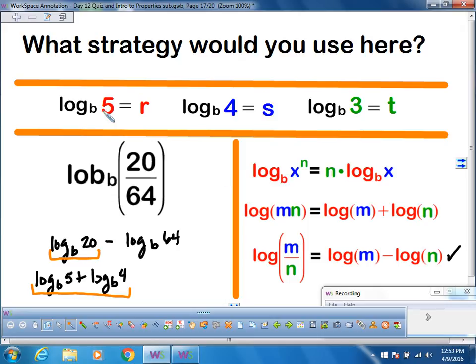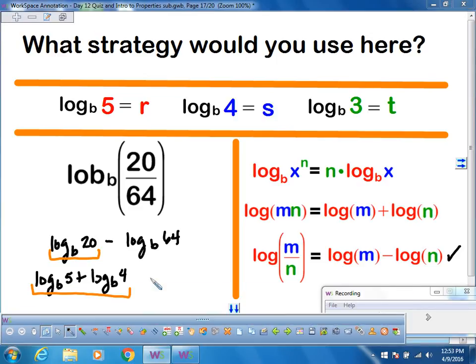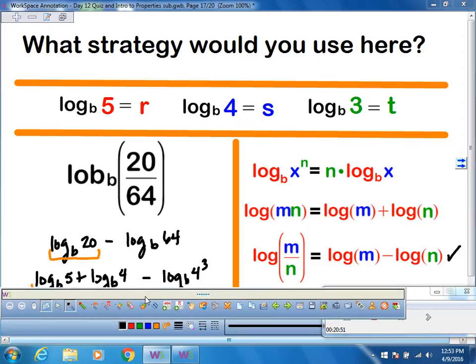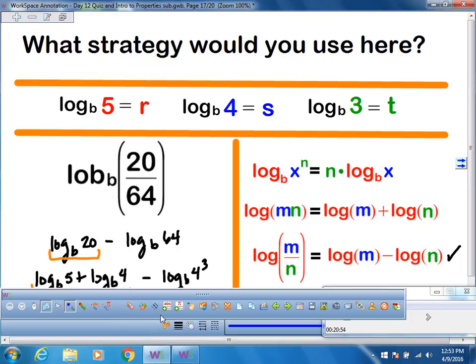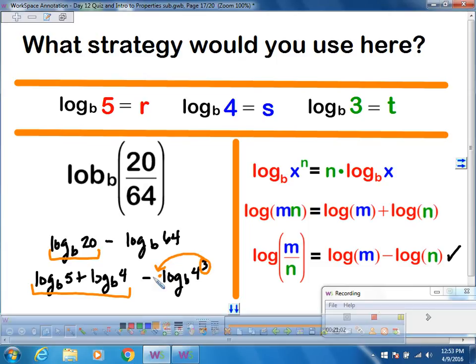Well, I don't have any 64s up here, but I do have a 4. And I know that 4 cubed is 64, so let's rewrite that as well. So I subtract log b 4 cubed. Now I can use that power property and bring that out in front. So I've got 3. It's actually going to come out here in front and be multiplication.